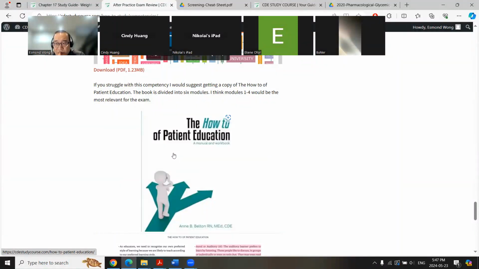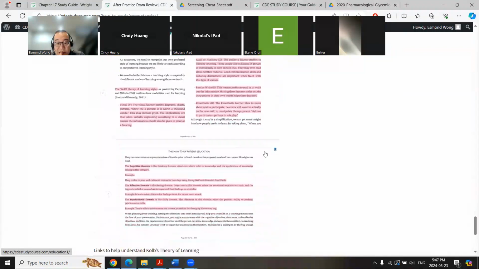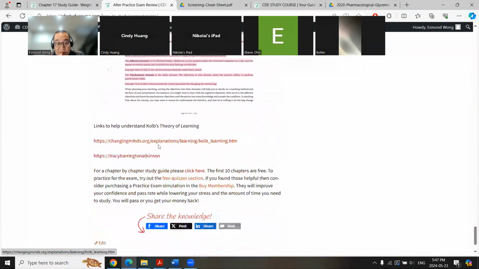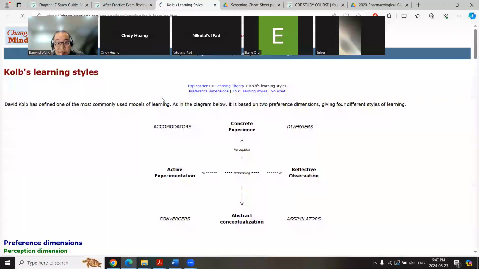I think it's like $25 if you really struggle with this area. These are the types of learning, and I've added some links to Kolb's learning styles. I don't know if this will show up on the exam. You get one of these questions and you remember it, but there was only one question on it on my exam. So those would be the highlights.